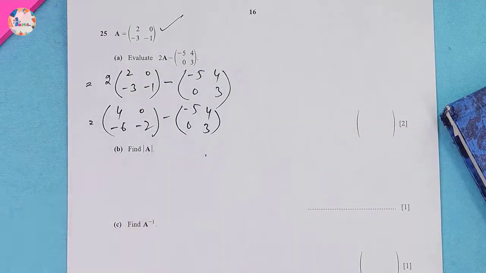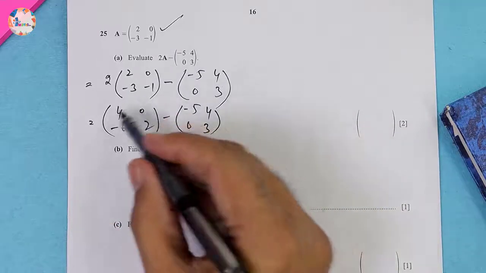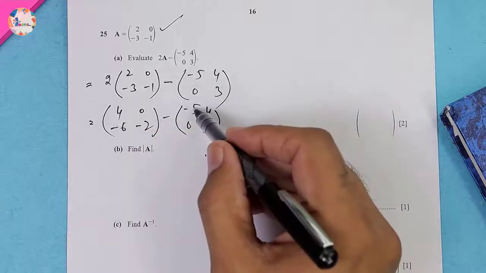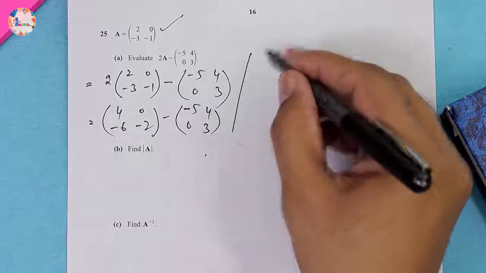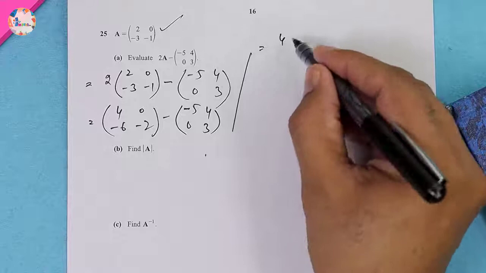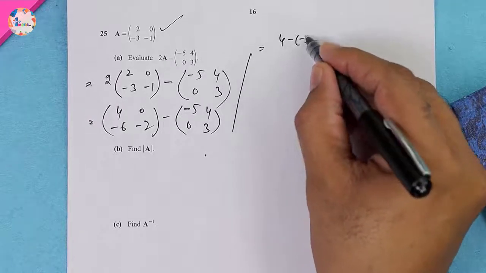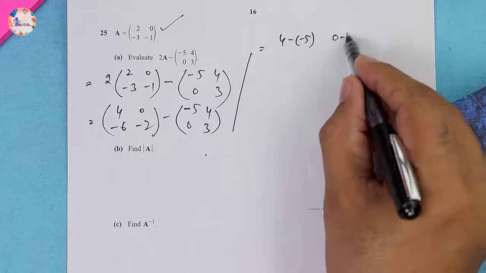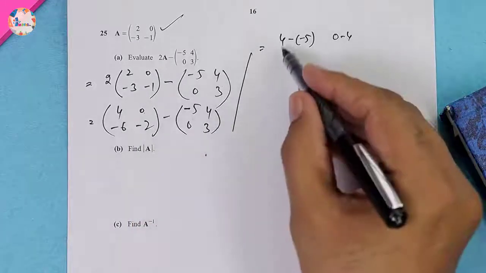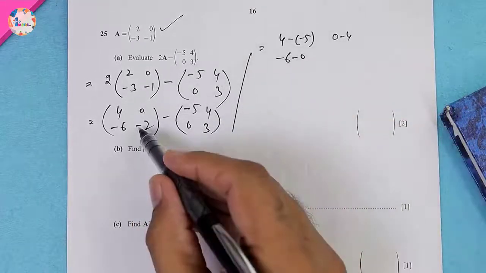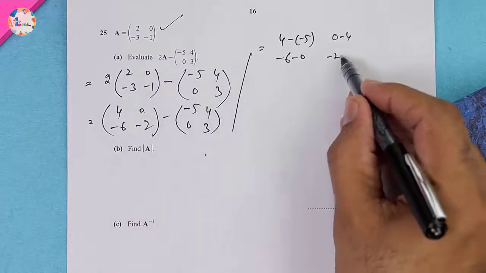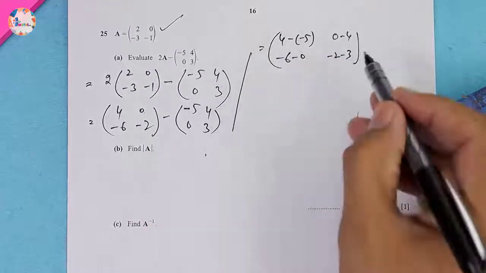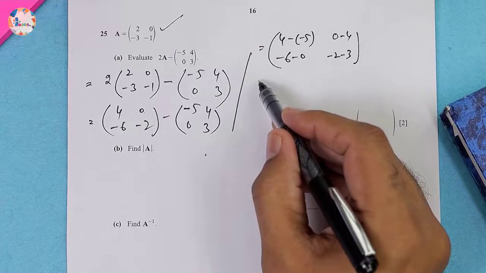Now for subtraction, we are subtracting the respective entries. 4 minus 5, this one, and then 0 minus 4, this will be minus 6 minus 0, and this will be minus 2 minus 3. This will be our answer for that one.